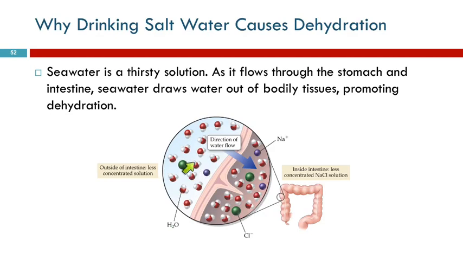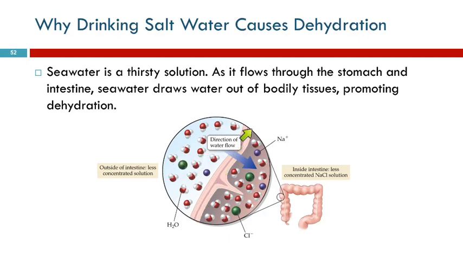So here's outside of your intestine where there is salt in the water, because all of the fluids in your body have a certain amount of salts, dissolved ionic compounds. And here's inside your intestine, ocean water, if you're drinking that, is going to have a higher concentration of salt than is in the tissues in your body.